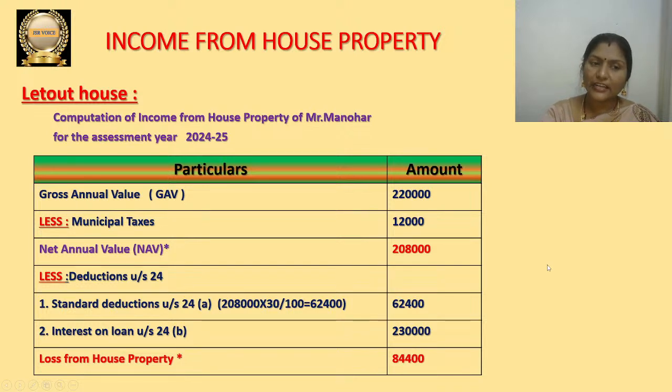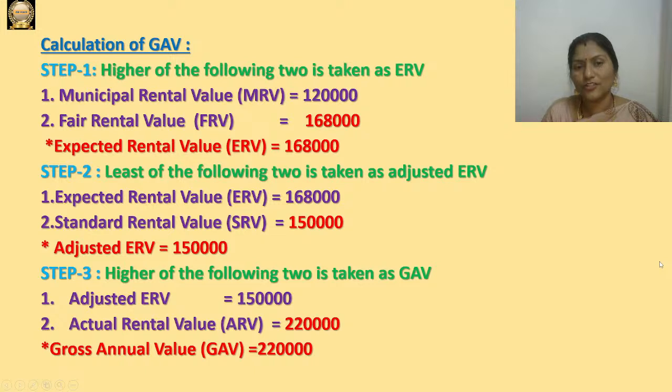So GAV calculation is done. Under this, you have to do it in the working notes, GAV calculation. So I will show that also. So this is the calculation of GAV. This is how we did it in 3 steps.